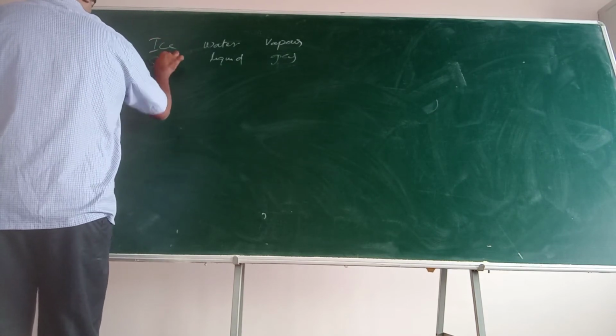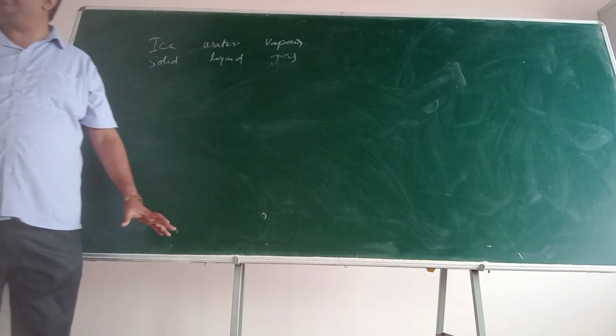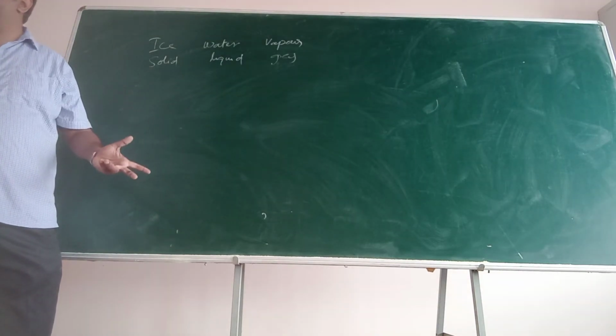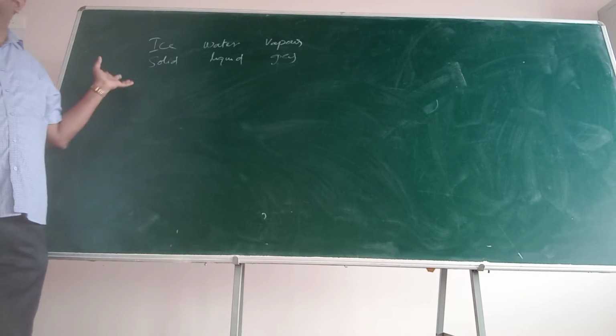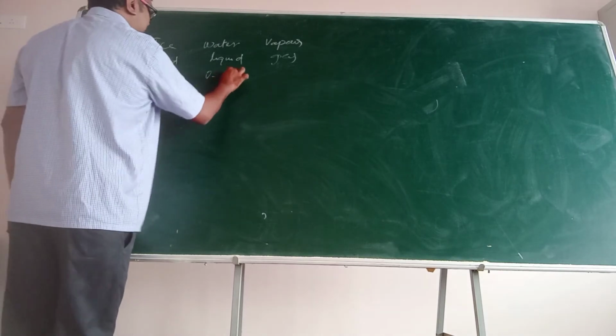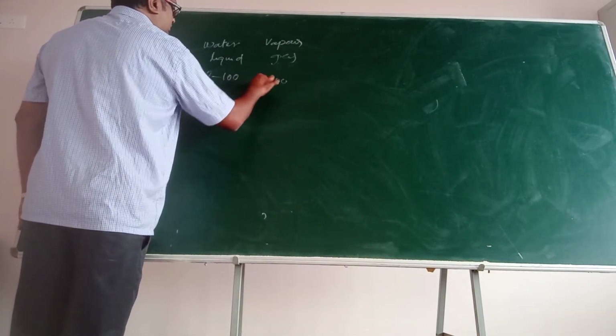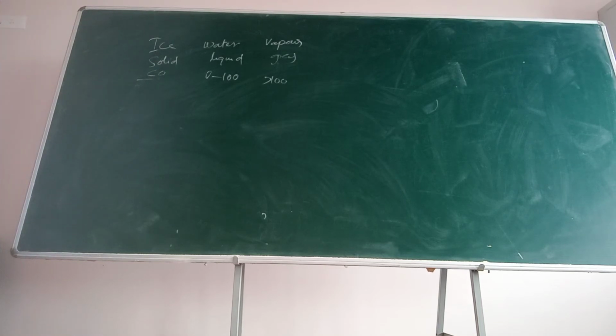It is solid. So water is existing in 3 forms at 3 different temperatures. So sub-zero, below 0, water is ice. 0 to 100 it is liquid. 100 and above it is gas. This is the situation. Alright.